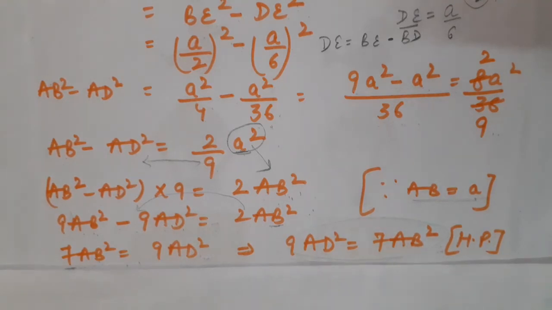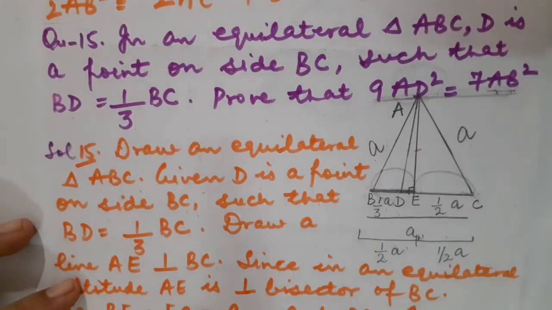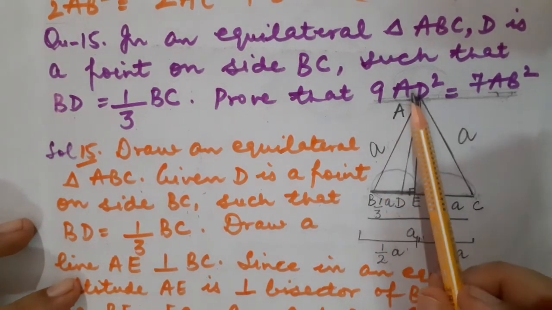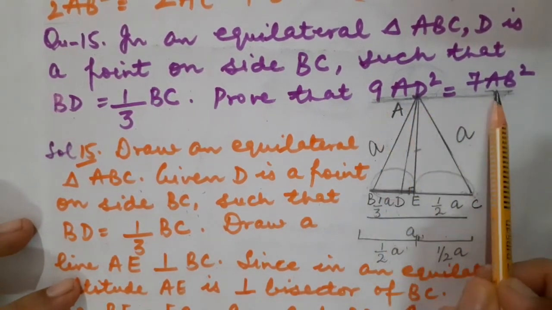Correct, children? Children, I have taken a variety of questions based on Pythagoras theorem earlier also in my lectures. The main thing which you have to keep in your mind is to choose the appropriate right angle triangle, and that definitely will help you to prove.